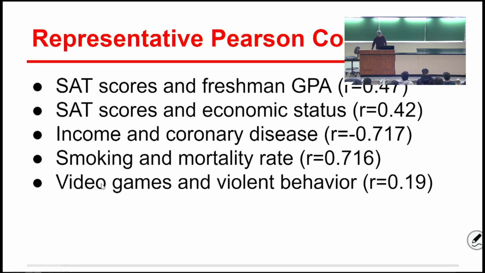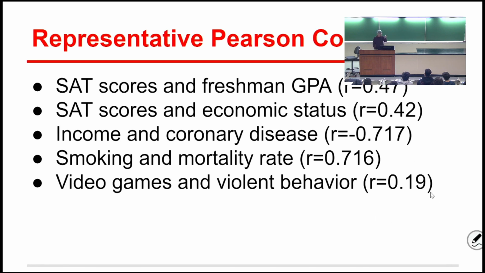What about video games and violent behavior? You might imagine that you break students into cohorts based on how much time they spend playing video games, and then how much crime is committed by these people. In this study, again, you have to be careful about what the two numerical variables were before you quote it. But this one I still claimed a correlation of 0.19.